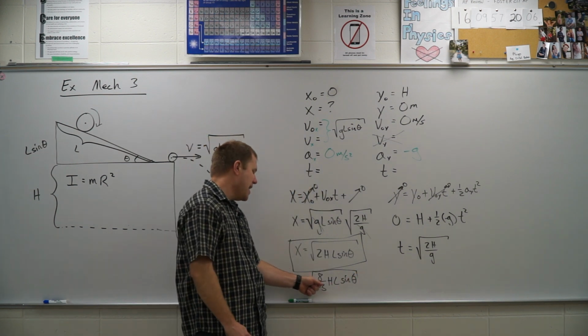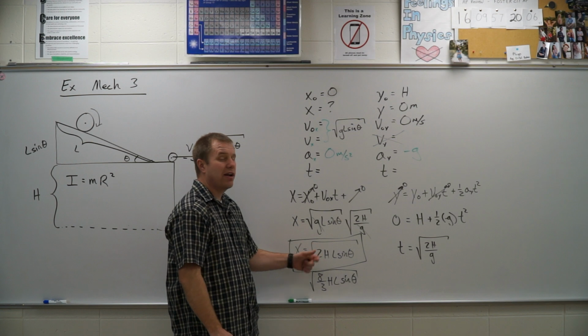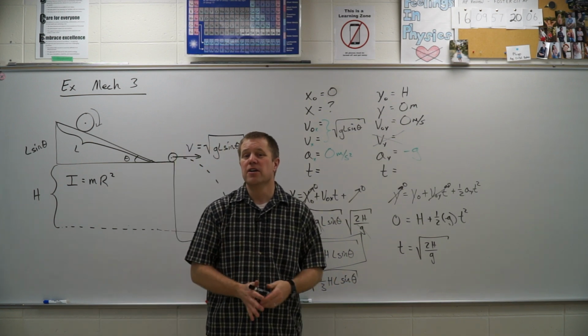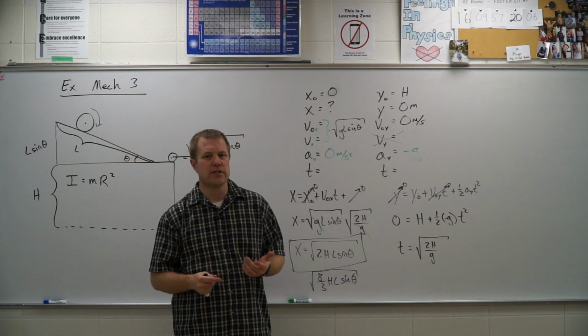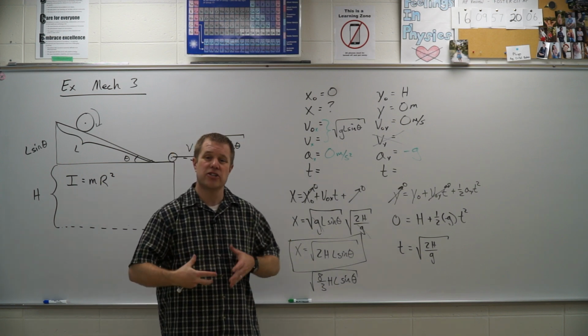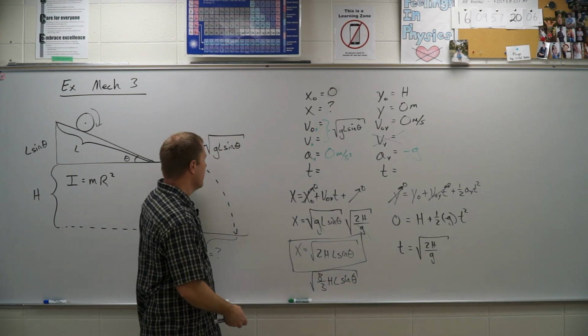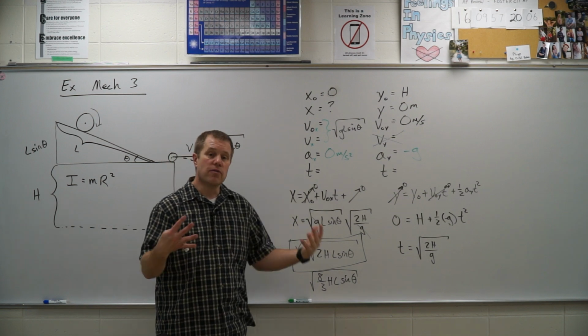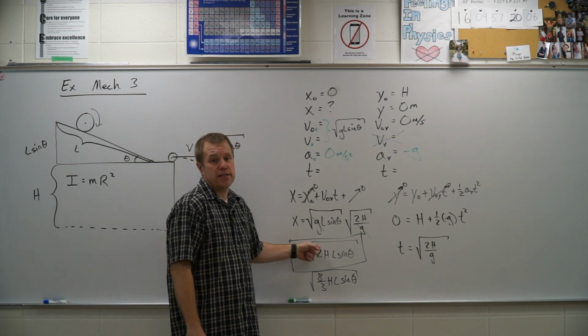And I can say that 8/3 hL sine theta is greater than 2 hL sine theta, and therefore proving it. So you can either write it out in words, talking about how with a smaller moment of inertia, less energy needs to go into rotation, more energy for translation, therefore it'll be moving faster. If it's moving faster, it'll land further. You can write it in words, or you could just calculate it and say, hey, it's more than that.